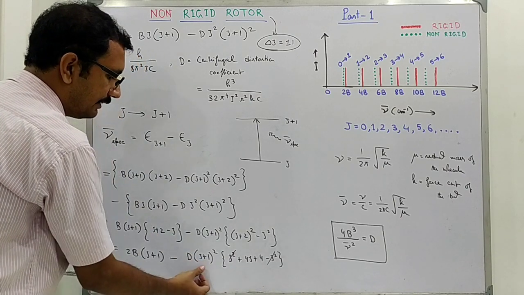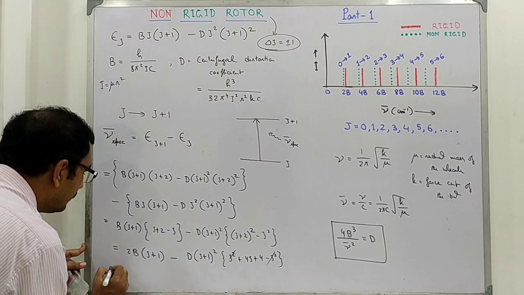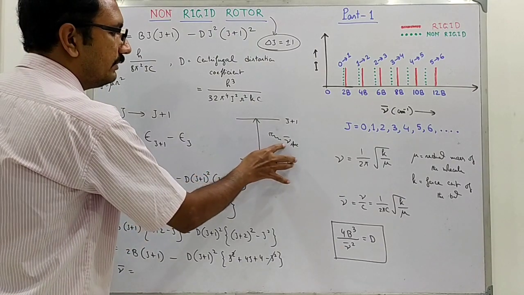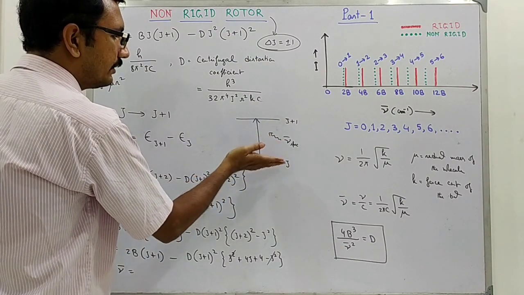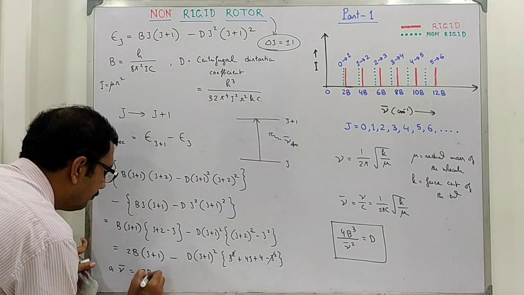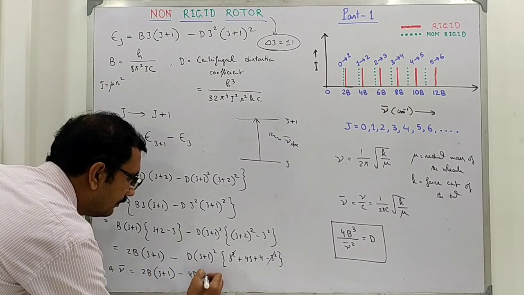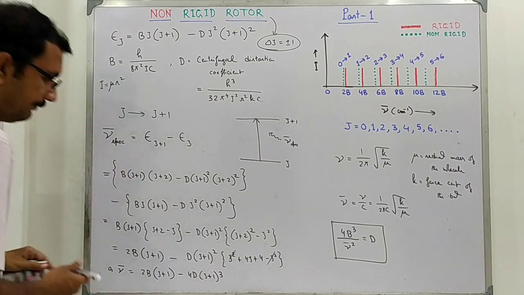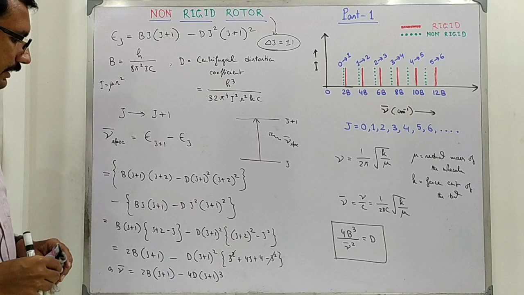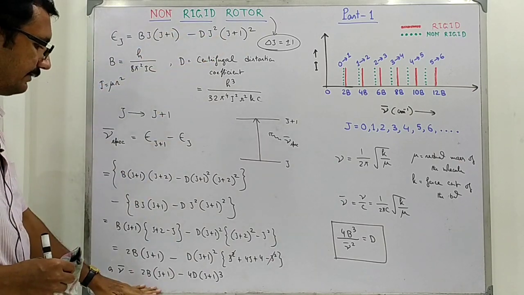So, this J plus 1 and J plus 1 whole square will be J plus 1 whole cube. So, the final expression, that is nu bar, the wave number of the photon required for the said transition to occur, is given by 2B into J plus 1 minus 4D into J plus 1 whole cube. This is the expression for the transition in the case of the non-rigid rotor.